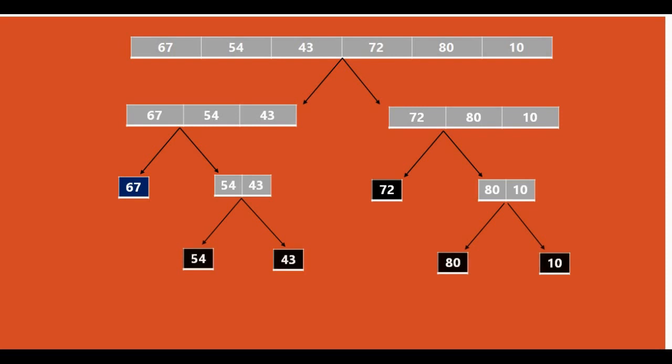Now all the generated sub-arrays have been subdivided into their smallest, indivisible units. From this point onwards, you cannot subdivide these single-element arrays. So we have completed our division strategy.